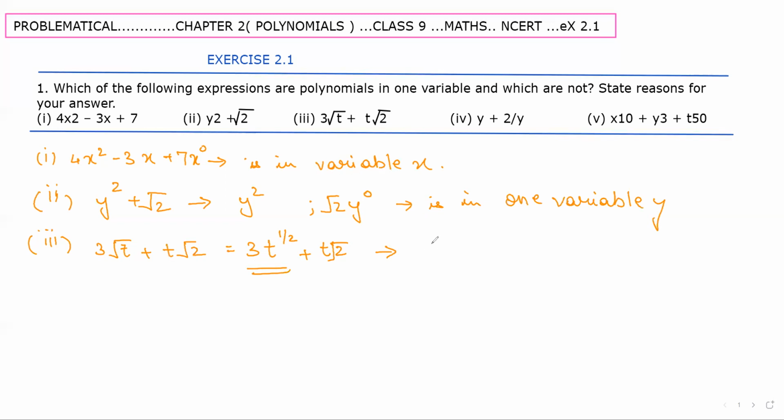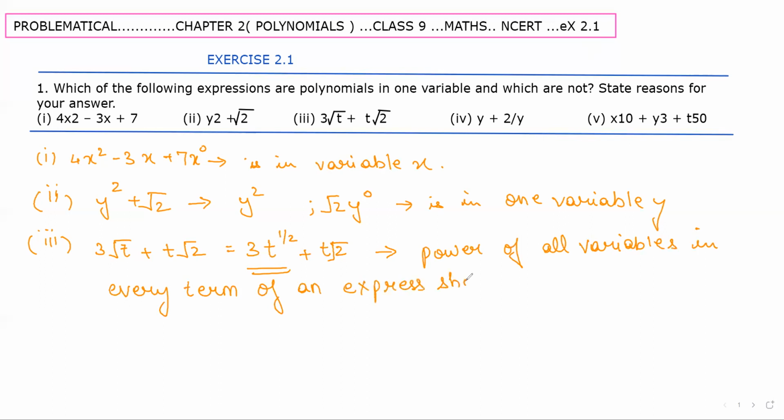So, t to the power of 1 by 2. The power of all the variables in every term of an expression should be a whole number.